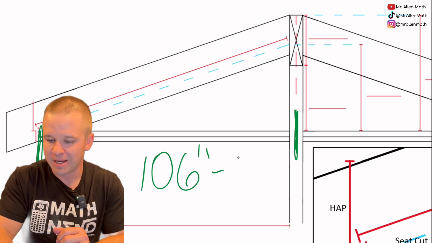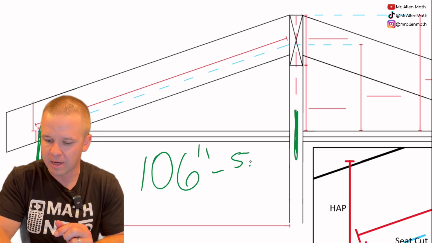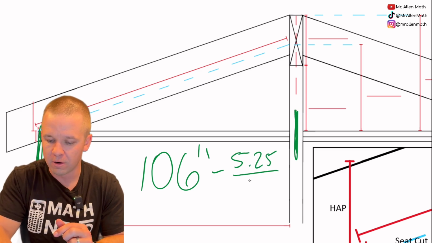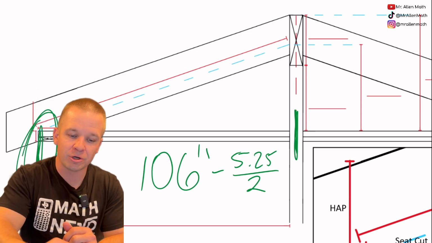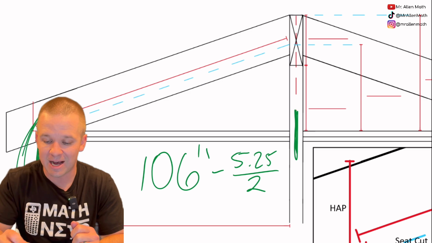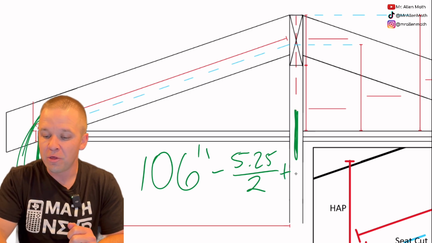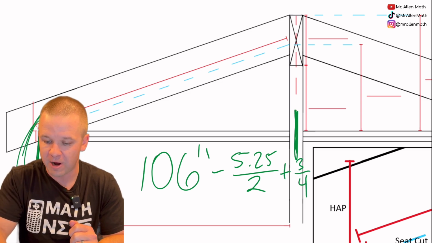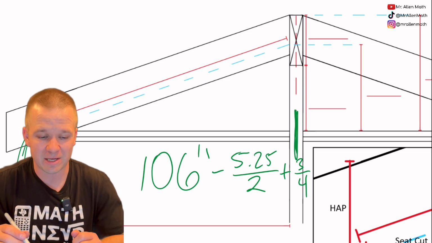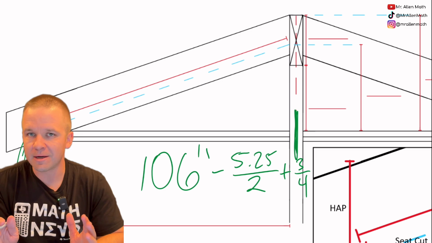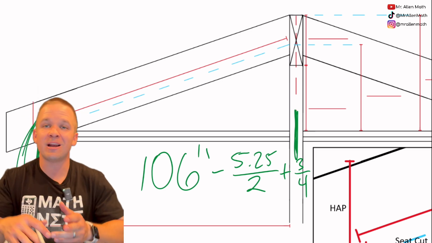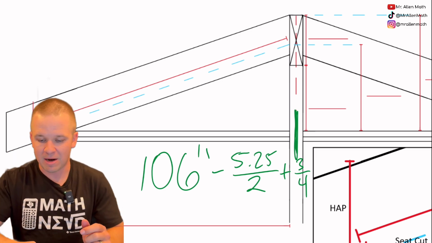So minus 5.25 over 2. But don't forget, we have that 3/4 inch sheeting over here on the left-hand side, so I need to then add the 3/4. Oh my goodness, fractions, decimals. This is a mathematical mess right here, but we're figuring it out. We're going to be okay. So I can take 106, subtract half my ridge and add in my sheeting.